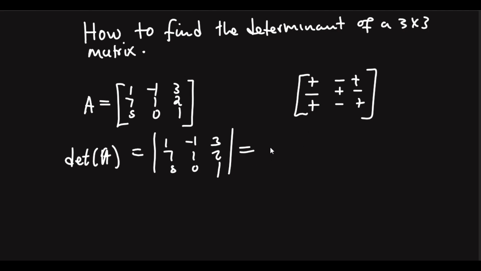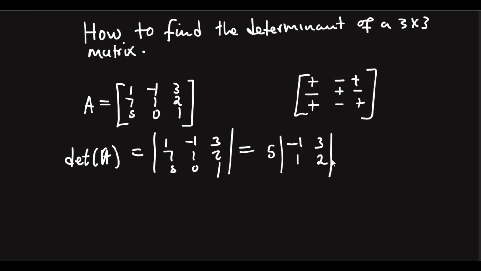So I would have 5 multiplied by the determinant of these entries. Why am I saying this entry? Because I'm focusing on 5, I'm going to block this column and this row. So it means I will have negative 1, 3, 1, and 2.